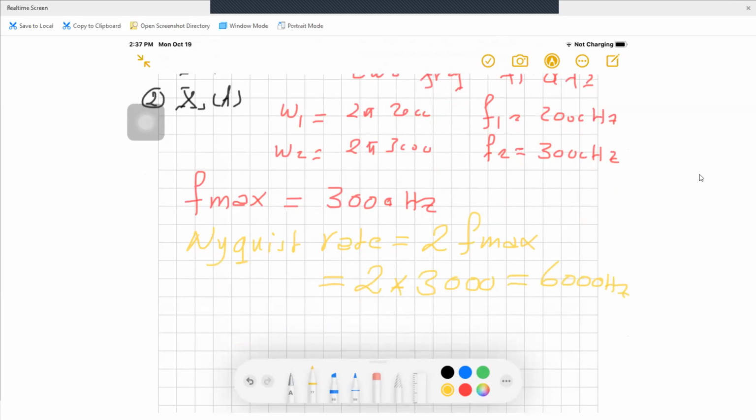Now, the sampling rate, which is chosen by the example, is greater than the Nyquist rate.